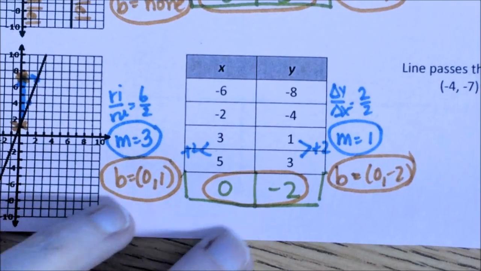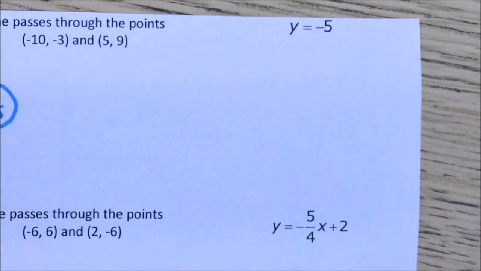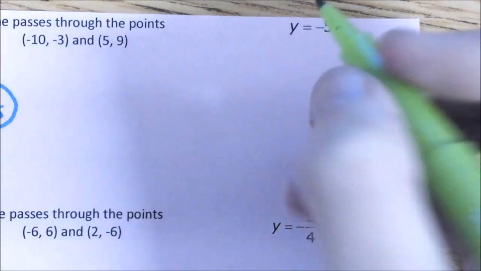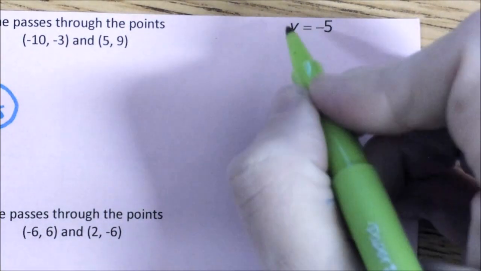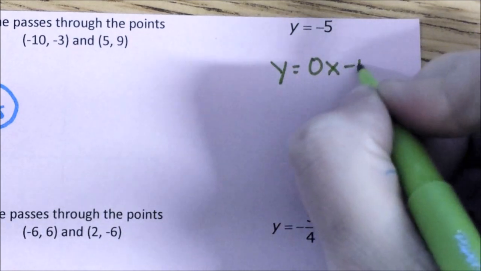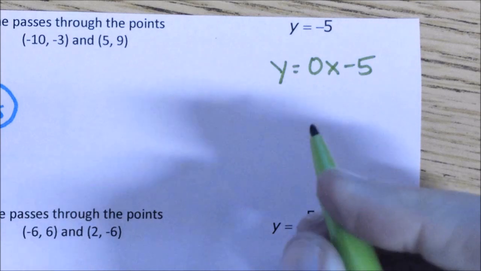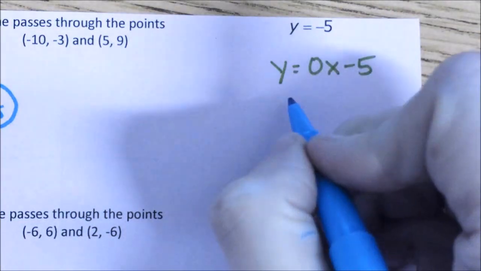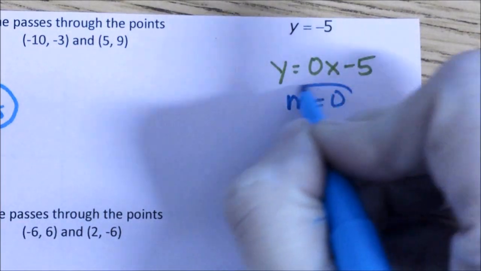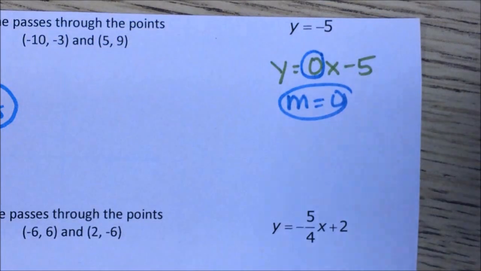Okay? Now, the easiest one, as far as I'm concerned, is when it's in equation form. Now this one's a little weird because there's no slope on this one, right? So if all you see is y equals something, that means my slope is 0, because my slope is whatever's in front of the x.